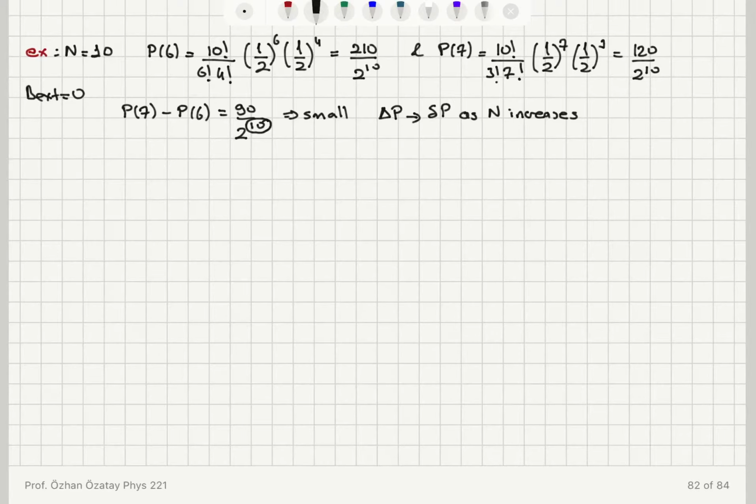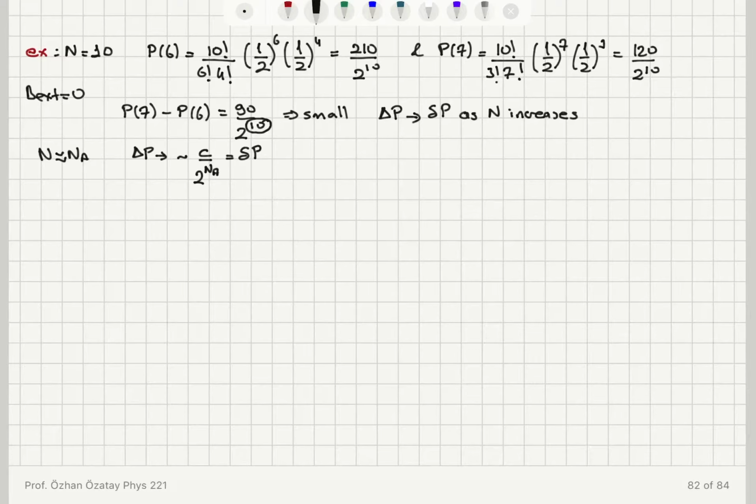So if N is of the order of Avogadro's number, then this delta p would be a constant divided by 2 to the power Avogadro's number, which is very, very small. So it's an incremental change in the probability.